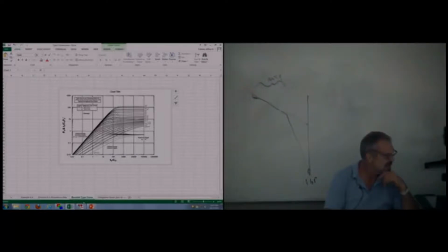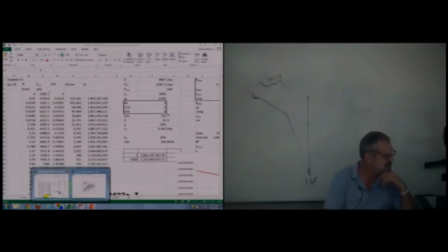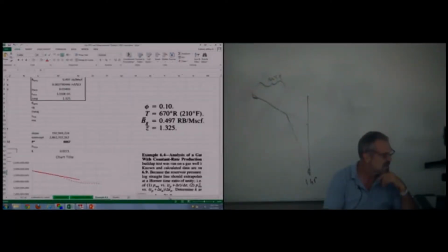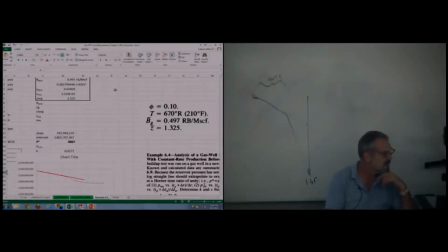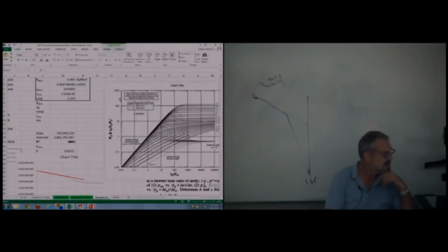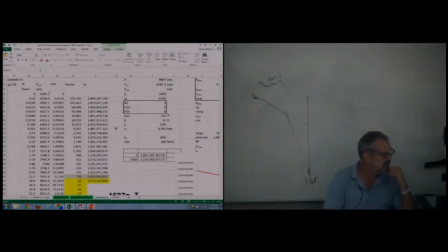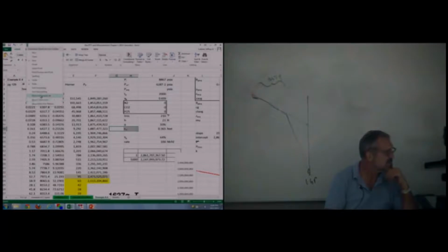We can just copy and paste it into our spreadsheet. In order to put our data on here, remember we have to do this every single time.